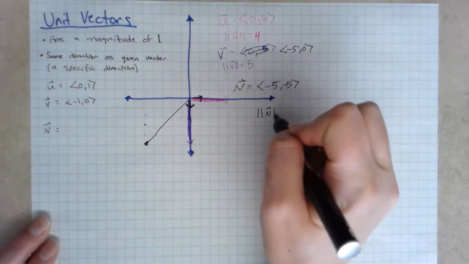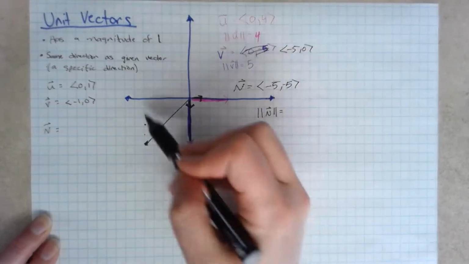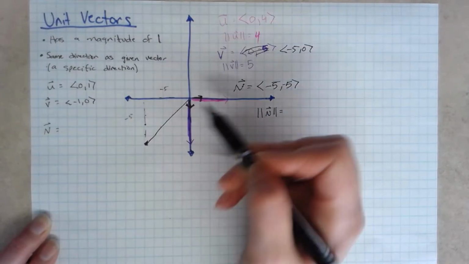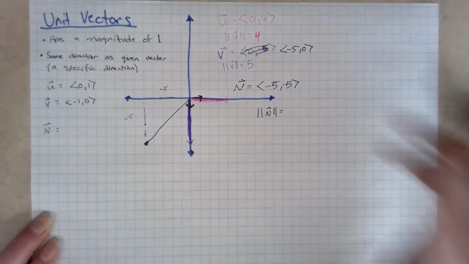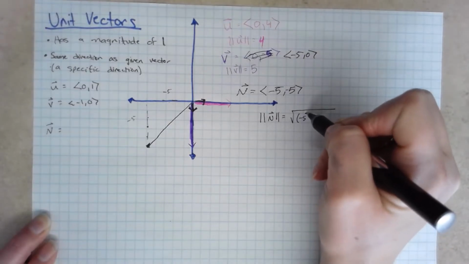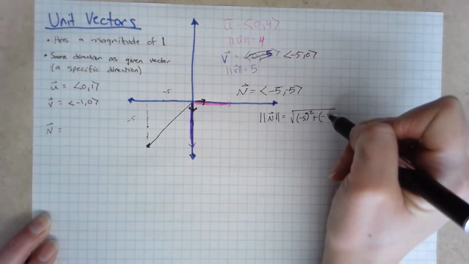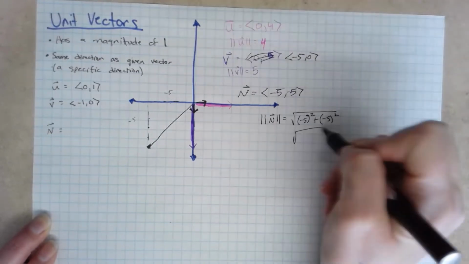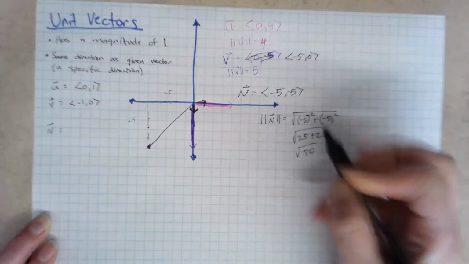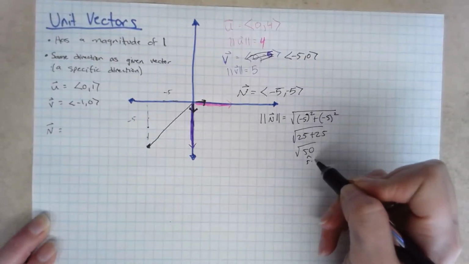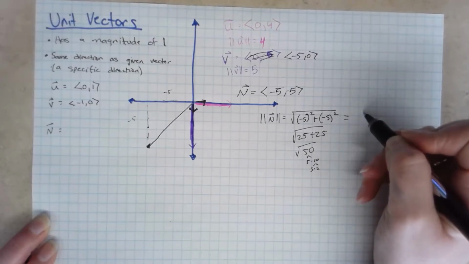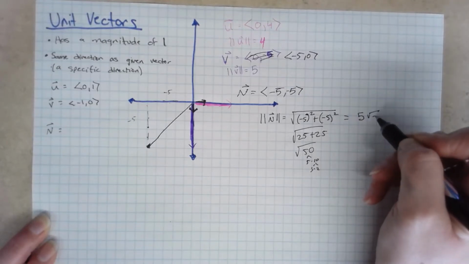The magnitude of n is what we need to determine. Basically, it's a triangle, negative 5, negative 5. It's finding the hypotenuse, so the square root of negative 5 squared plus negative 5 squared, the square root of 25 plus 25, square root of 50. Well, that's 25 times 2. So our magnitude is 5 square root 2.